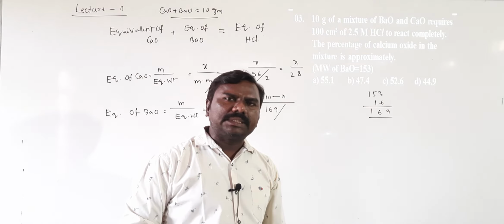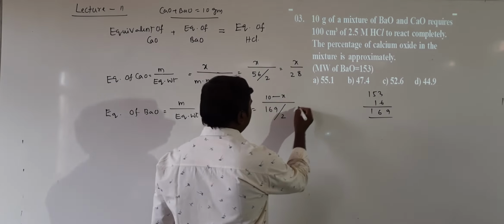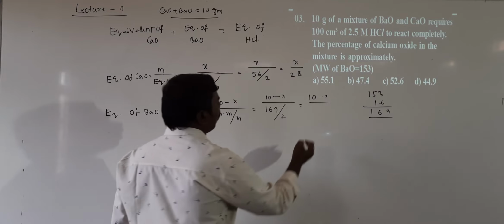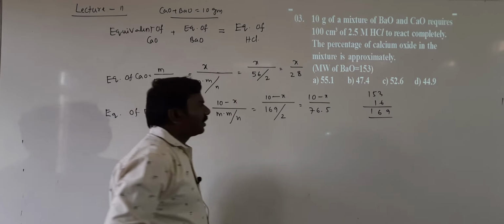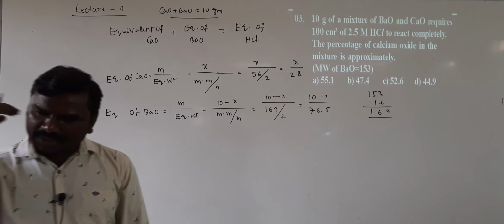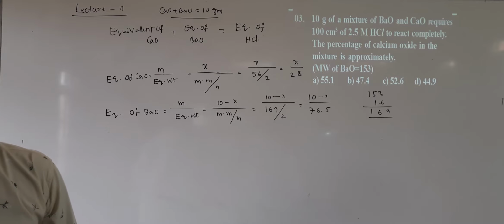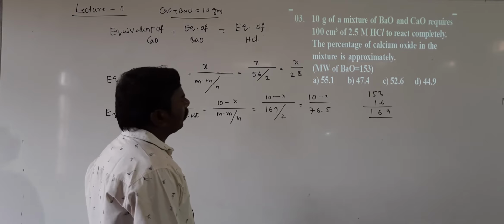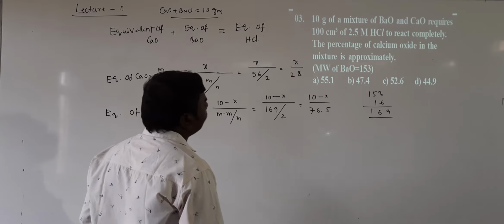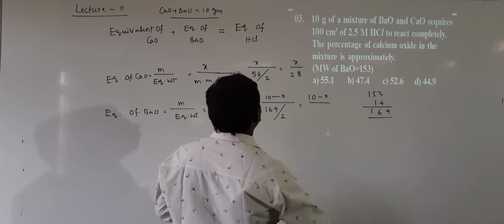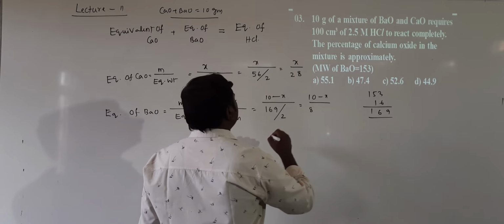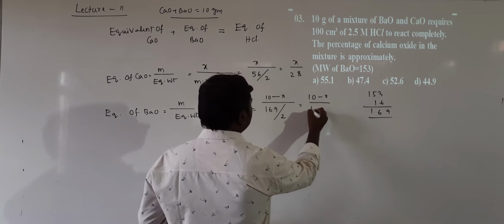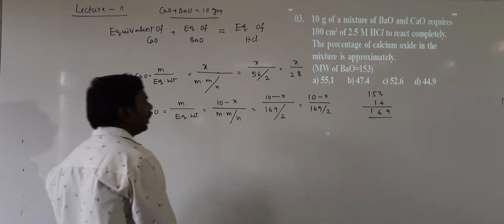Ba plus 2, oxygen minus 2, that is why the n factor is 2. Okay, you take it as 169 by 2, no issue.